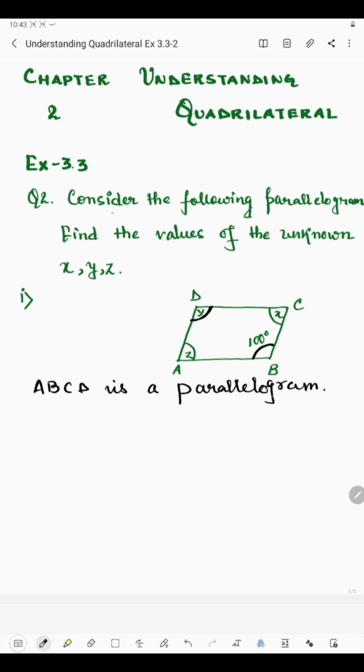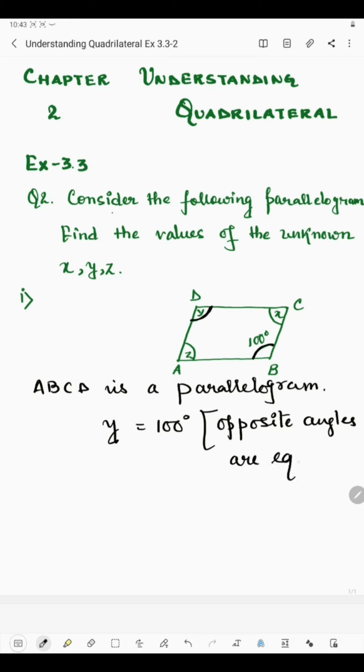And in a parallelogram, opposite angles are equal. So angle y is equal to 100 degrees, as opposite angles are equal. So we have got the value of y, which is 100.